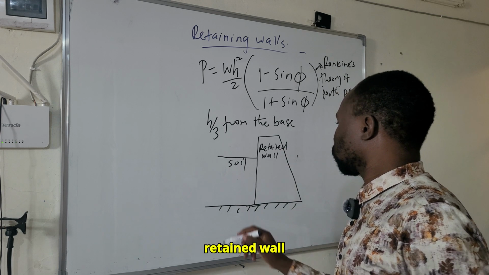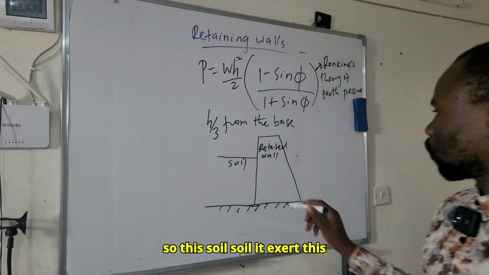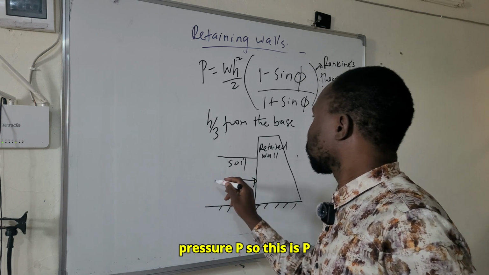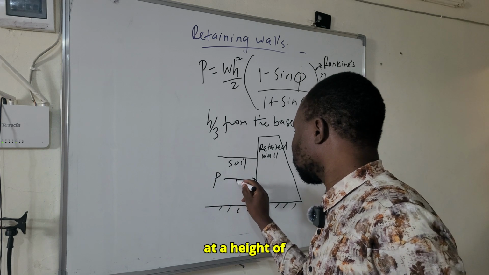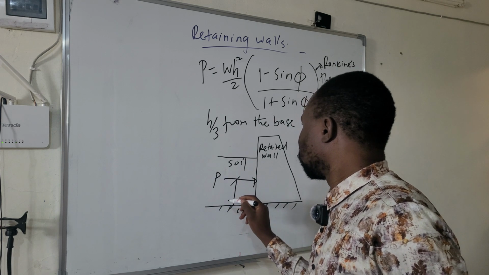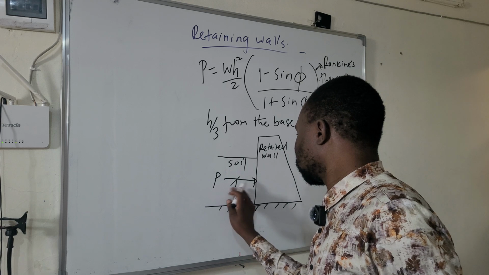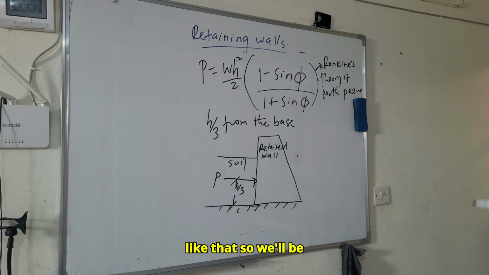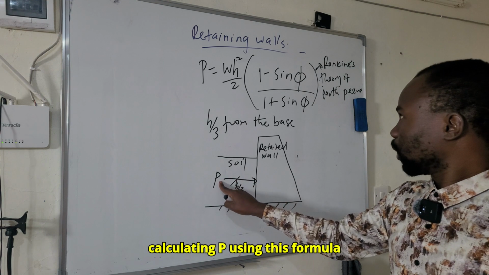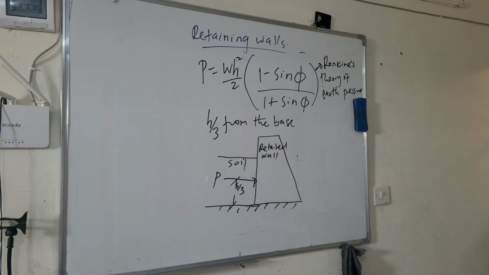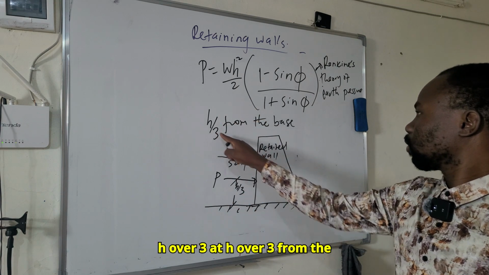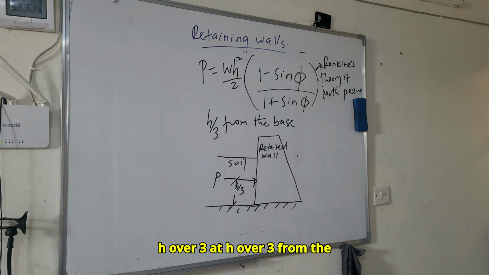This soil exerts this pressure P. So this is P at a height of h over 3, like that. So we'll be calculating P using this formula, and this P is acting h over 3 from the base.